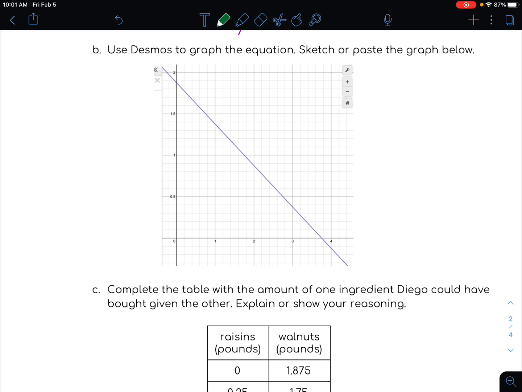Remember, anything on the graph will work for a combination of walnuts and raisins. There can be fractional amounts of pounds, but any combination of pounds of walnuts and raisins along here will work.